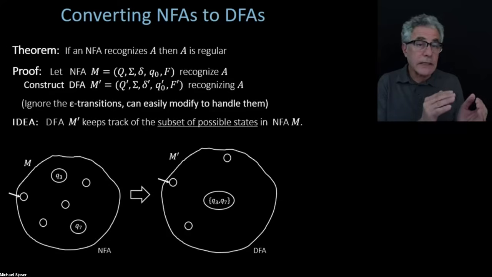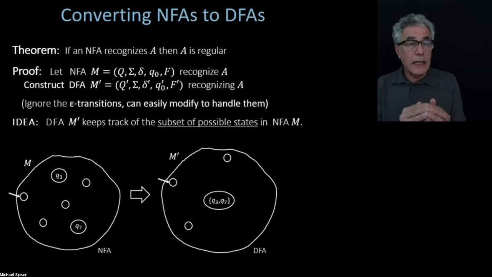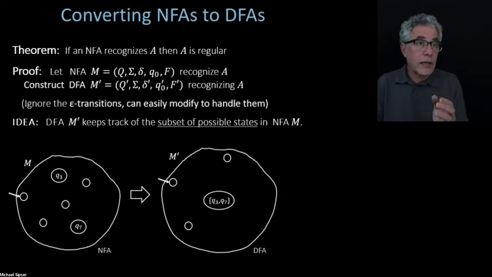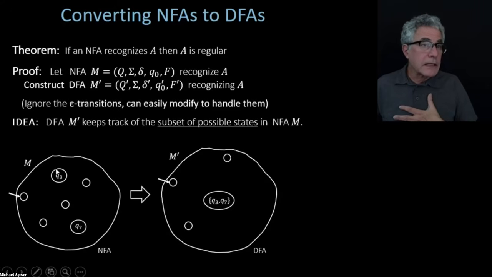And the possibilities here are the different subsets of states that the NFA could be in at a given point. So corresponding to these two possibilities, Q3, Q7, the DFA is going to have a state with the subset Q3, Q7. For every possible subset there's going to be a different state of M prime. So M prime is going to be bigger.